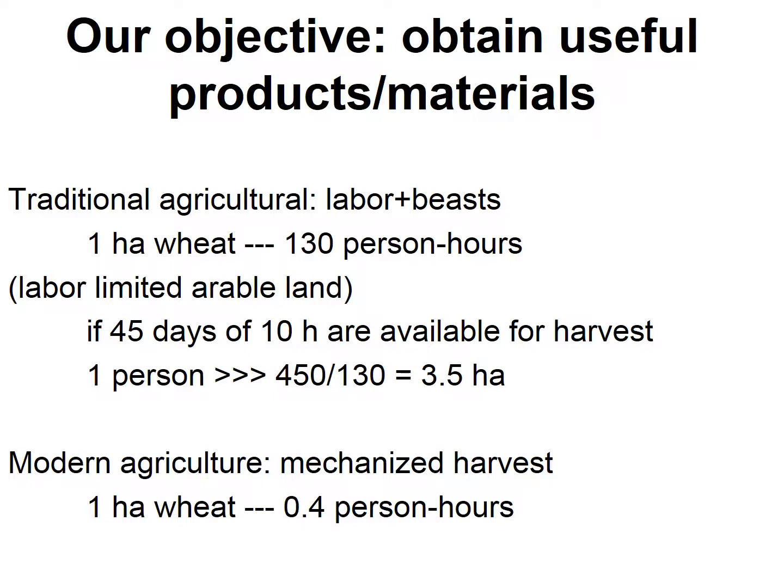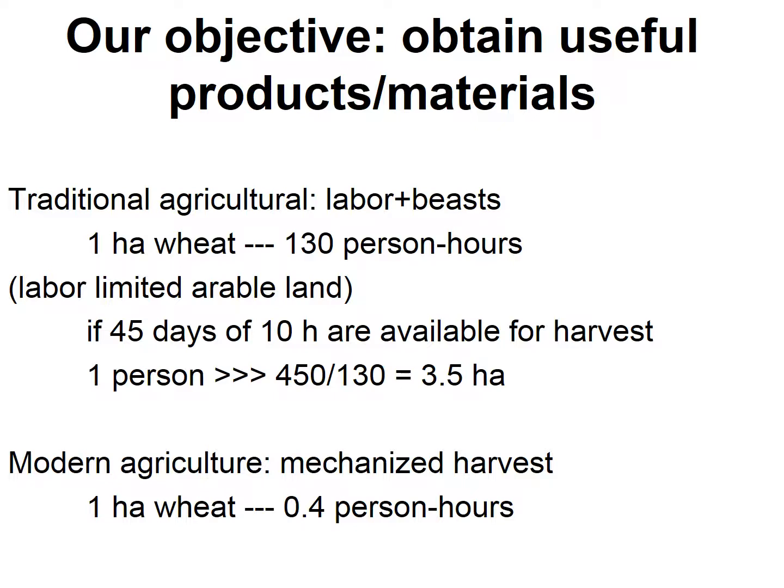That meant that, for instance, 1 hectare of wheat could require around 130 person-hours, and that limited the land that could be cultivated.